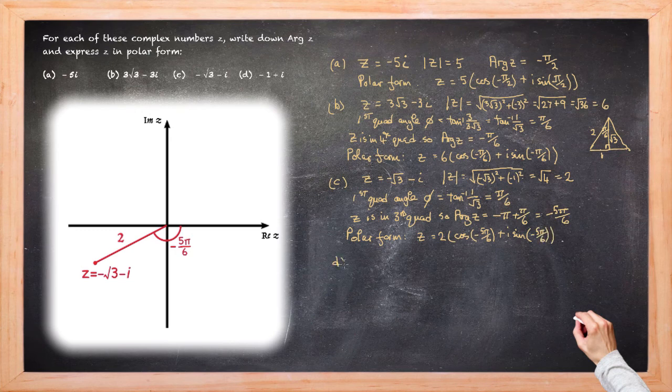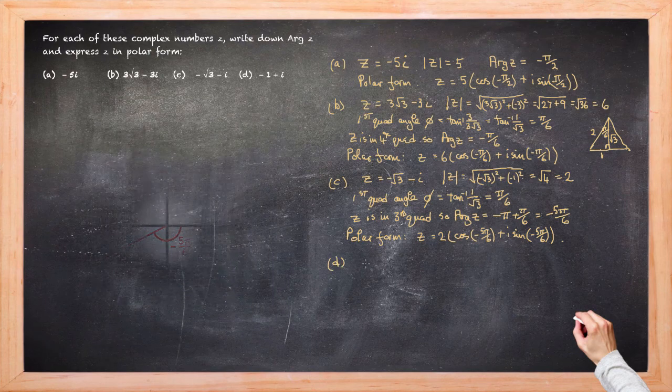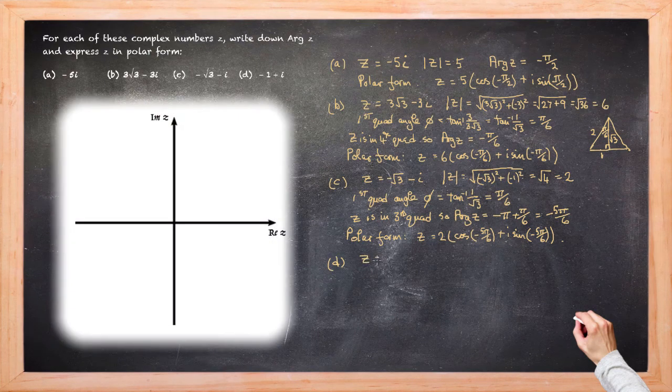So the last example, part D, where we are examining negative 1 plus i. So the real part of that complex number is negative 1, and the imaginary part is 1. So it ends up in the second quadrant.